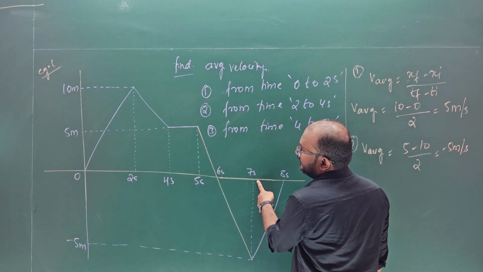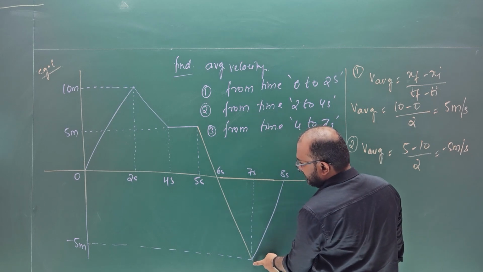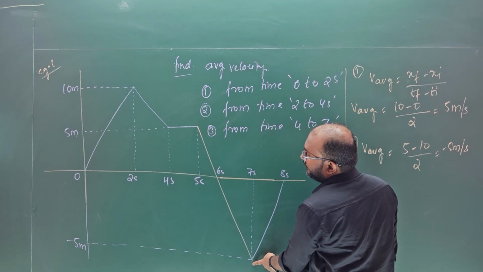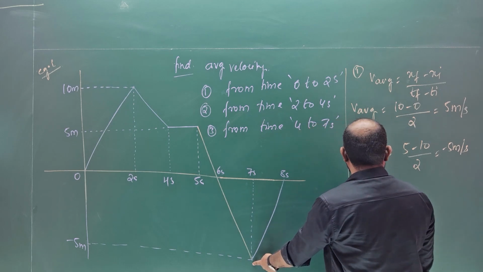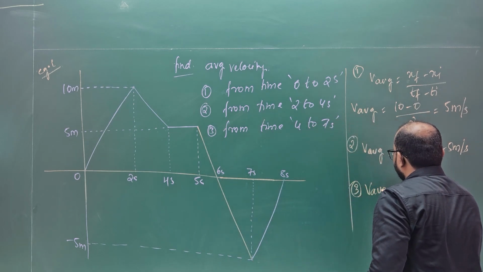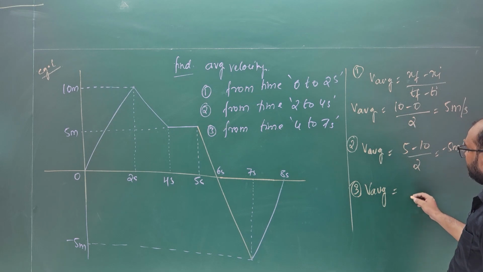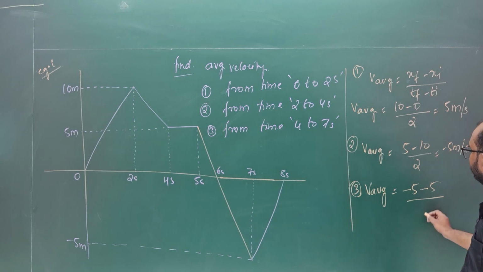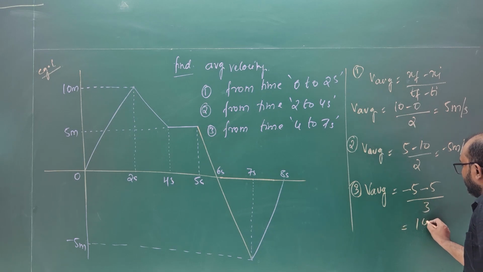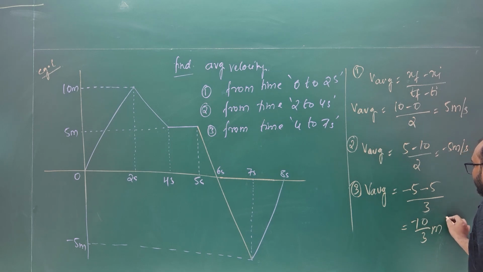So from 4, final position is minus 5, initial position is 5. That means V average for this one is minus 5 minus 5, and total time is 7 minus 4, that is 3. That is nothing but minus 10 upon 3 meter per second, that is 3.3333, and so on.